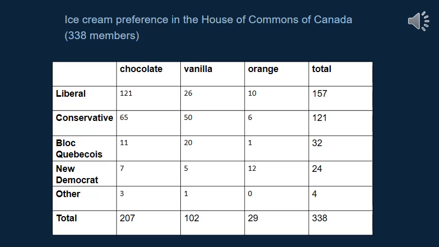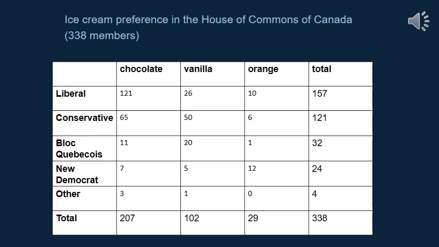So if I look carefully at all the cells of my table, are the numbers I see really the ones I would expect to see if I consider the totals of my rows and my columns? Maybe not. If I look carefully at the row showing liberals, I see that 121 prefer chocolate ice cream and only 26 prefer vanilla ice cream.